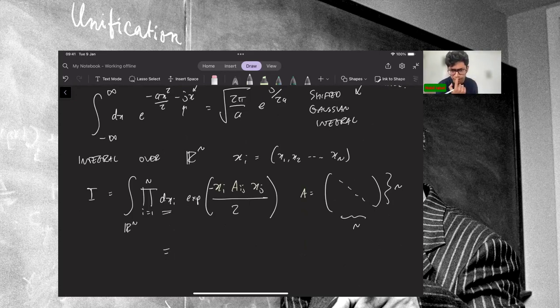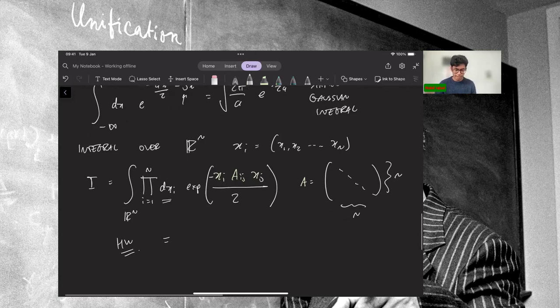Has anyone done this integral? Again, I can't really see you, but I'm assuming some of you are saying no, we haven't, and some of you have done it. Excellent. Okay. If you have not done it, that's okay. This is a homework problem in this week's homework. So you have to do it for your homework anyway. I'm going to tell you the answer. The answer is (2 pi) to the n over 2 divided by the square root of the determinant of A.